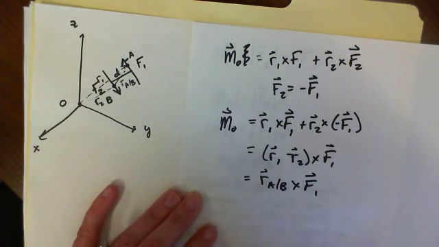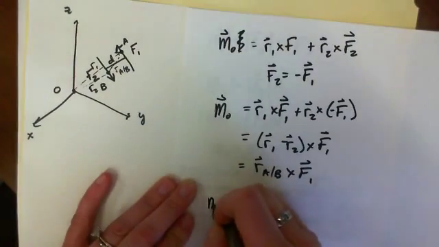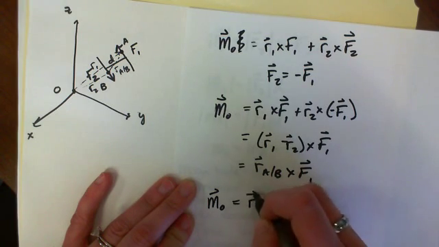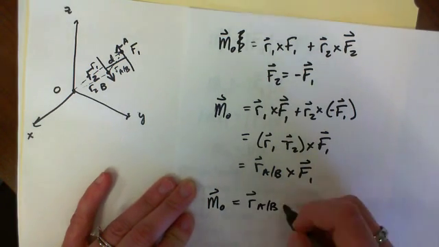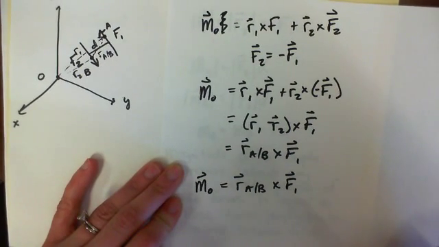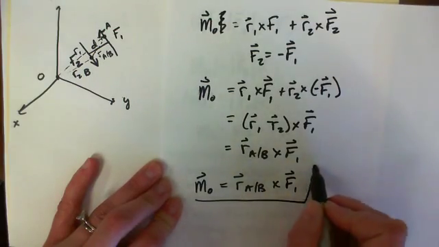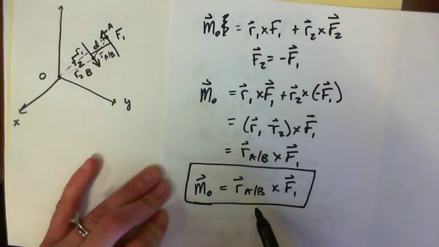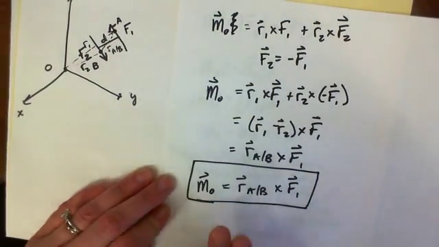So now I can define the moment of my system about point 0 as RAB cross F1, where RAB can be defined as the vector between any two points on F1 and F2.